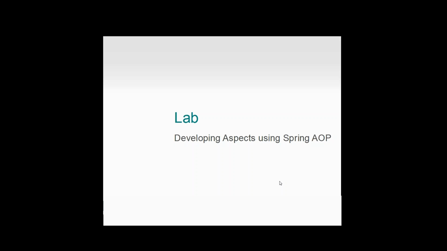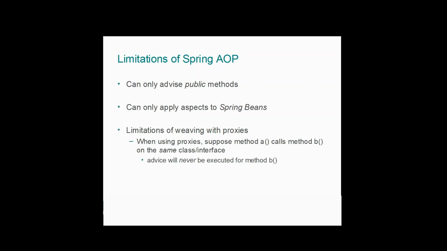The last point you mentioned, I'm assuming it would hold good even for Spring's out-of-the-box aspects like transaction and security. For example, take transaction. If I call a public method, and that public method makes a call to a private method, the private method will not be in the transaction, right?